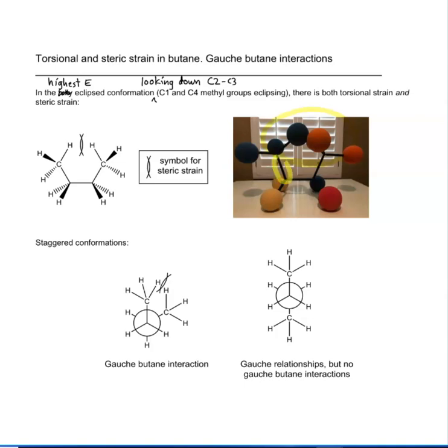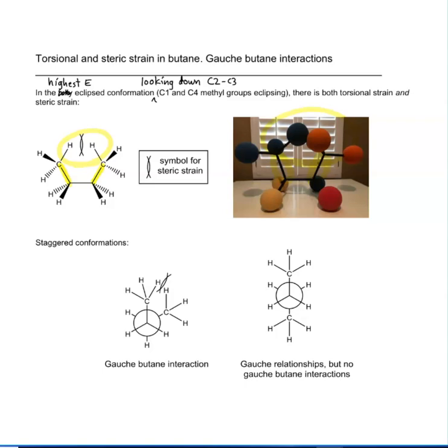But the bonds are also aligned because it's an eclipsed conformation. So that would be these bonds here, and of course all of the other bonds on the front carbon eclipsing the bonds on the back carbon. So you have both torsional strain because those bonds are aligned and eclipsing one another, but you also have steric strain because these hydrogens are too close to one another.